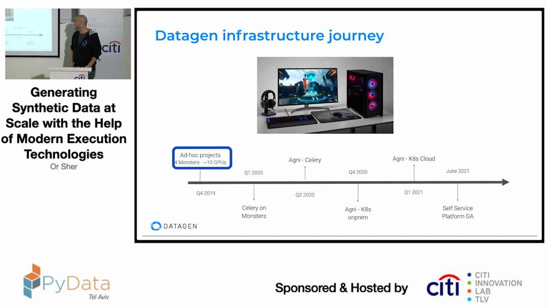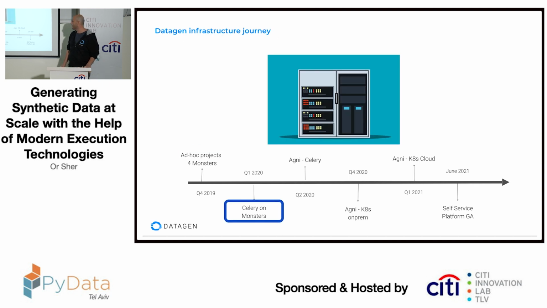A few months later, we did things a bit better. We put all of these monsters somewhere centralized, in some rack, and started to use Celery. For those who are not familiar with it, Celery is a Python framework for distributed processing.